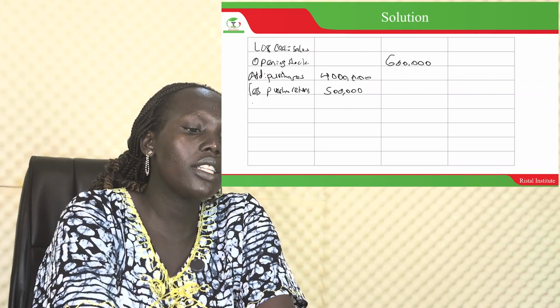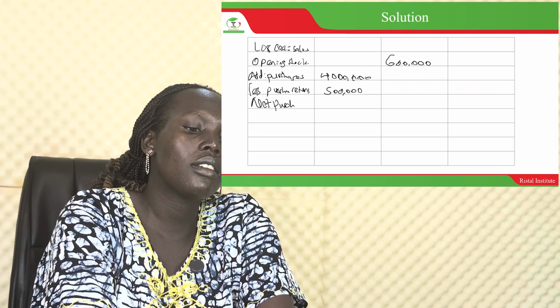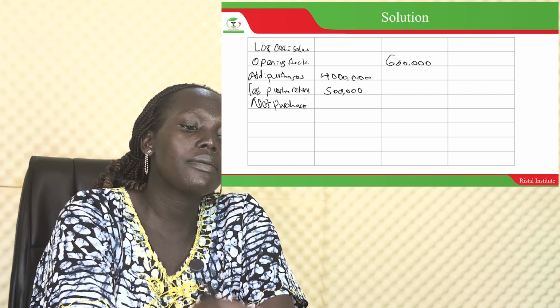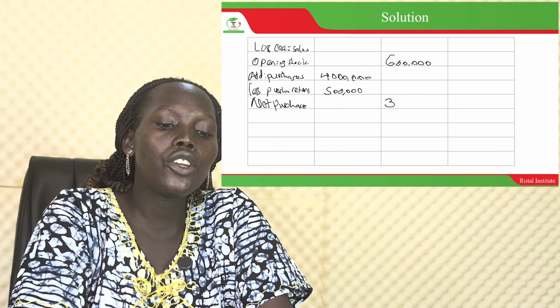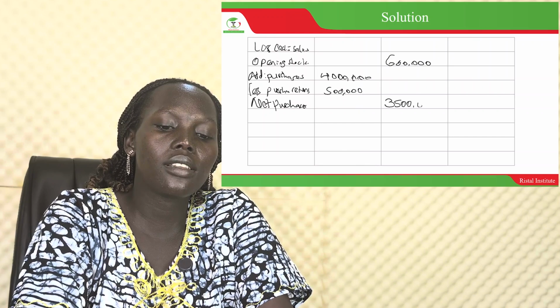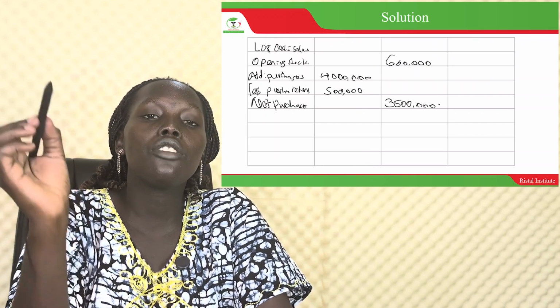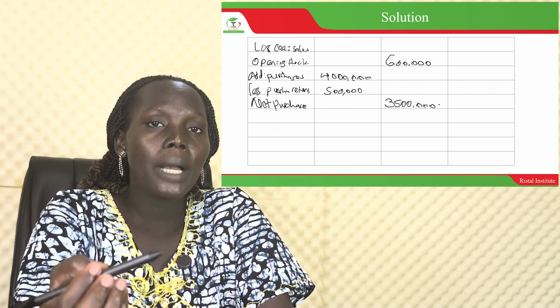When you less, we get our net purchases as 3,500,000. So that is our net purchases.